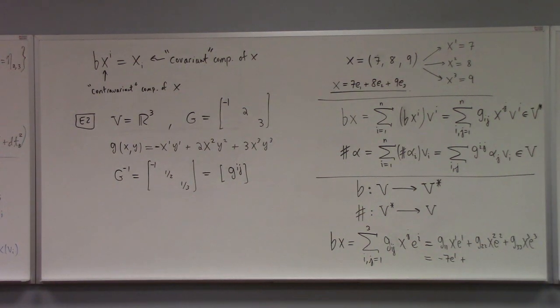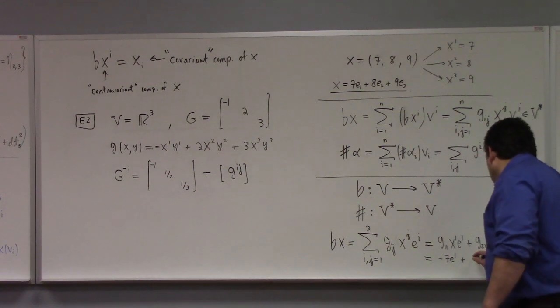That's 2 times 8, which is 16. The x2 is a label, not a square. So x is 7, 8, 9. You're right.